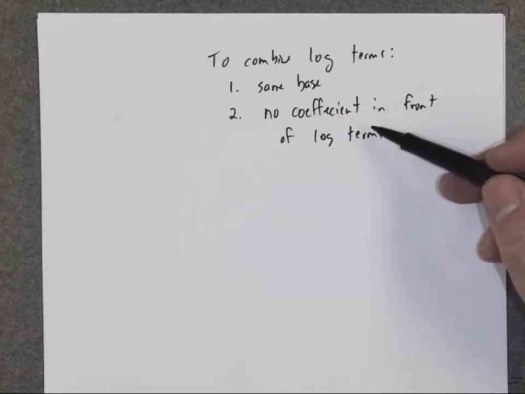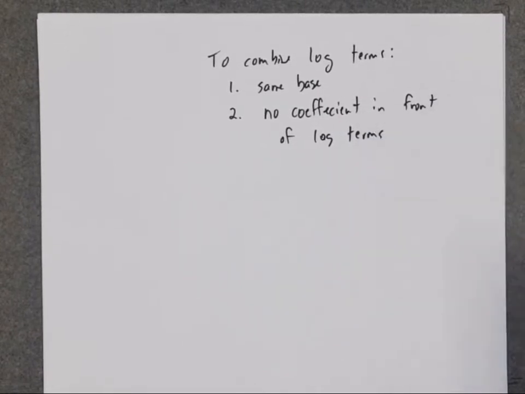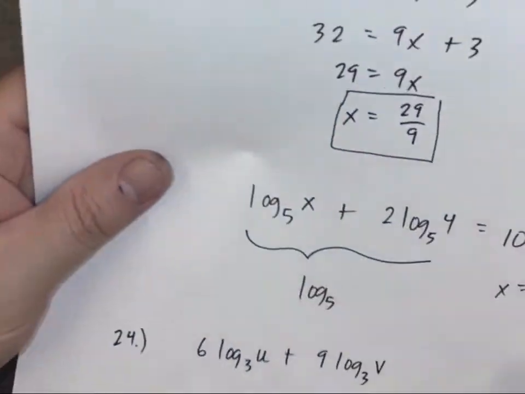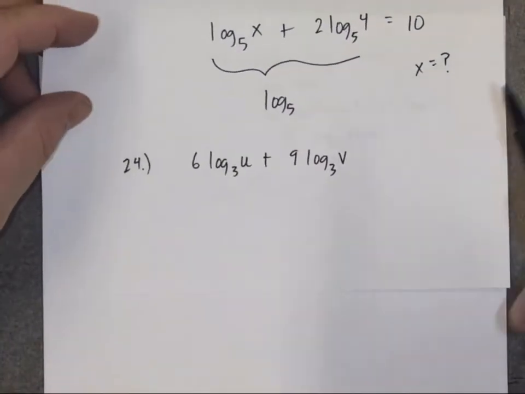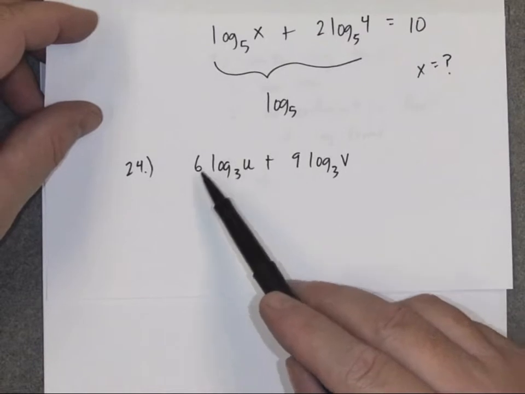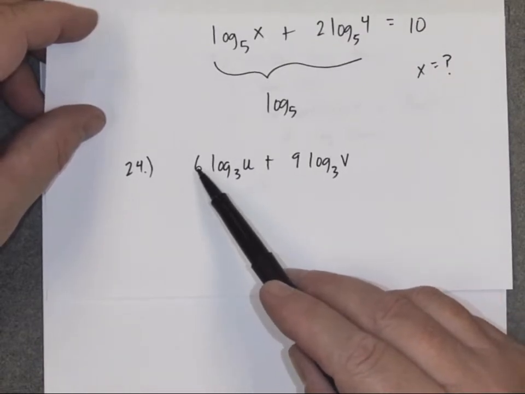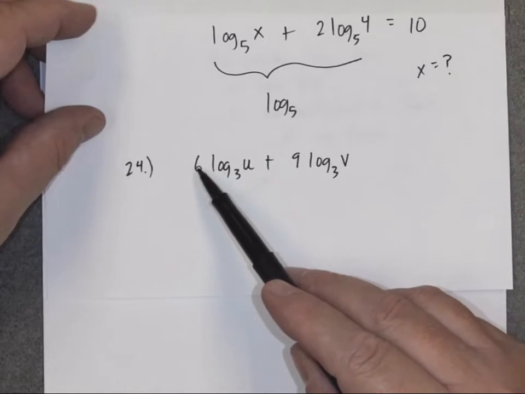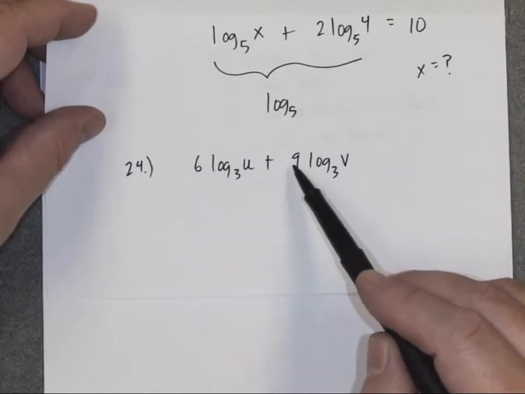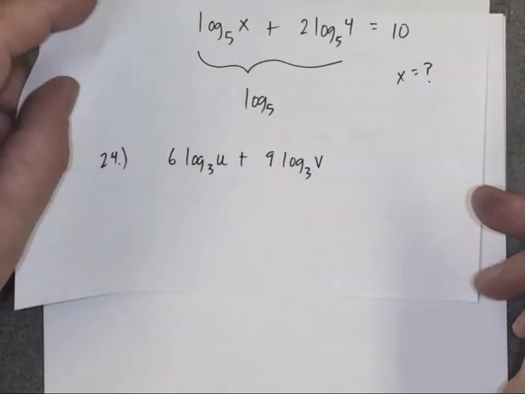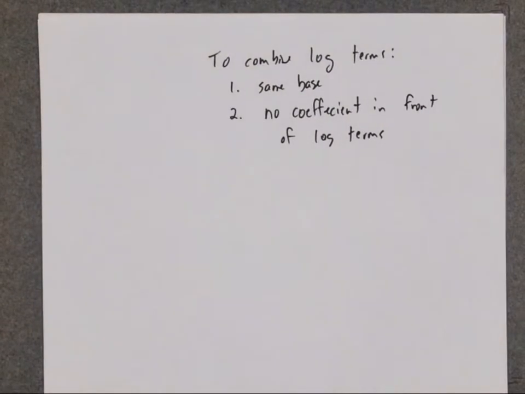Oftentimes, number 2 is not true. Just as a little heads up, what we're going to learn in a few minutes is to change each of these log terms and get rid of the coefficients. So I'm going to get rid of the 6 and get rid of the 9. That'll come in just a minute. First, the rule.